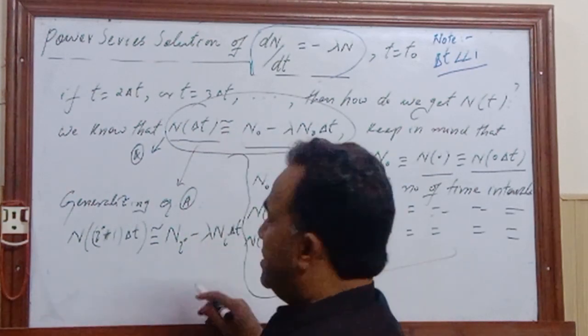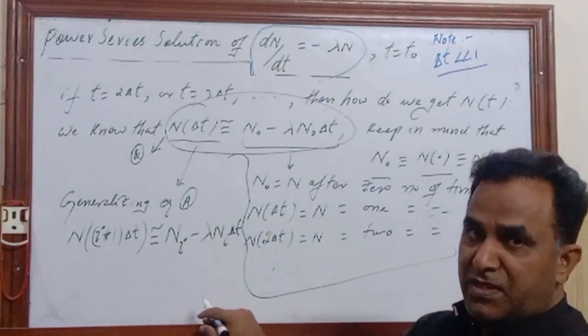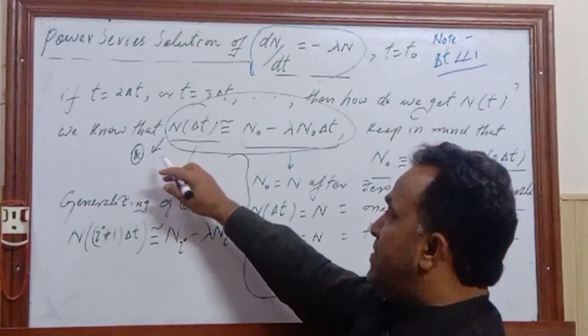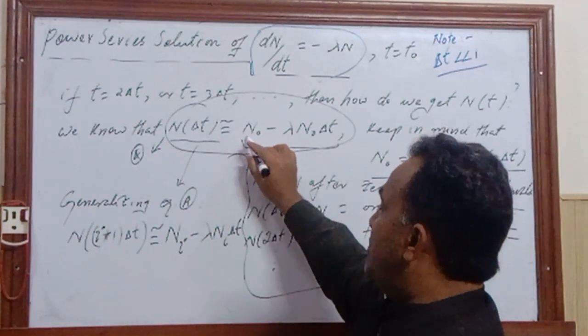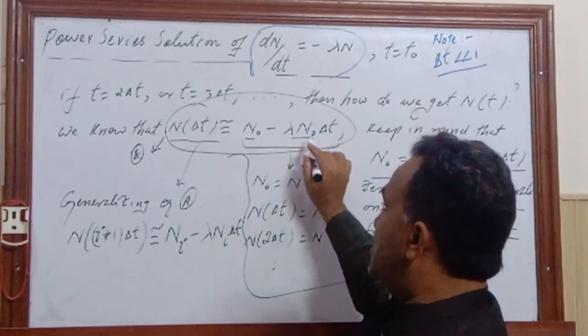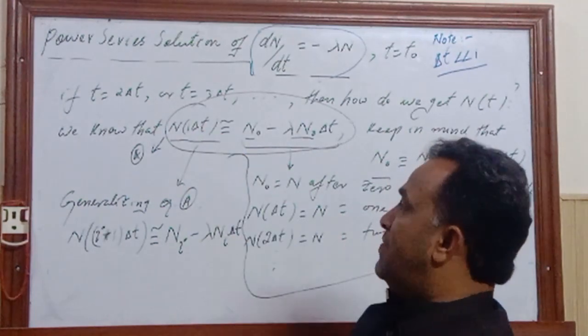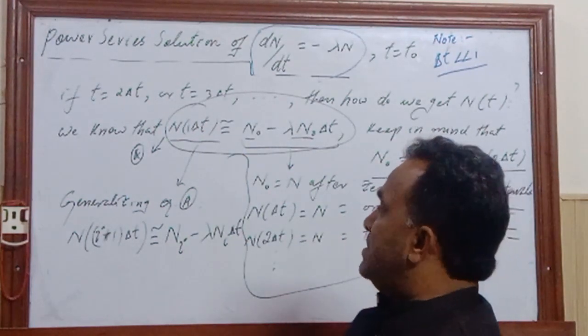It is the general form of equation A, because in equation A, if we know the value of n after 0 time intervals, we can find the number of nuclei after one time interval.